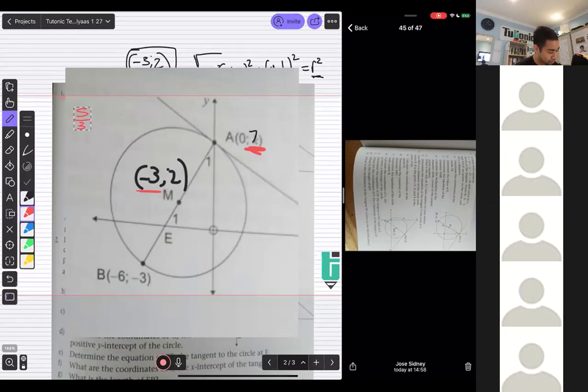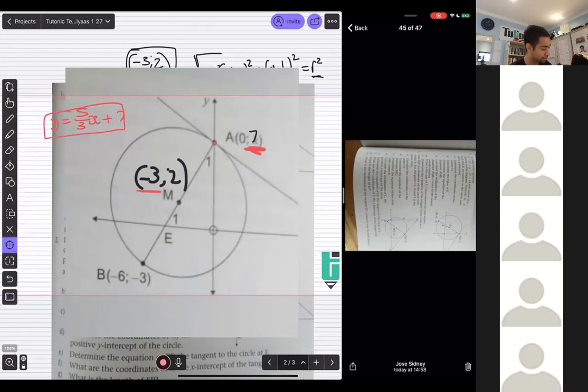And then you can work out, so +7, because that's the y-intercept. The gradient is 5/3, but this is the y-intercept, so I'm just putting it there. Do you guys see? Okay.